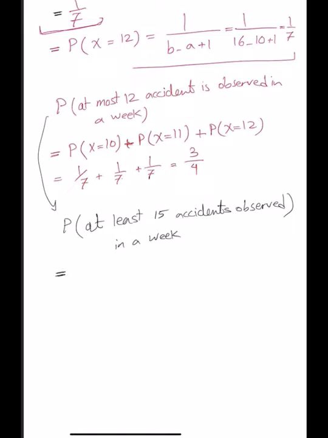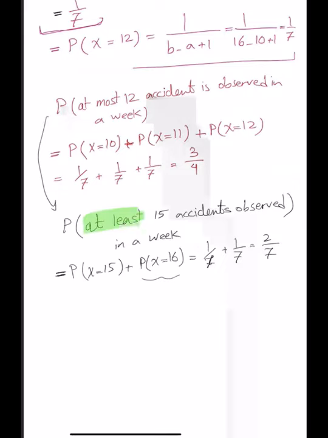At least means what? What are the possible values here? When I say at least 15, so it's 15 and 16. Exactly. At least 15. Okay, 16 is okay too. Each one of them is 1 over 7. So that's 2 over 7.